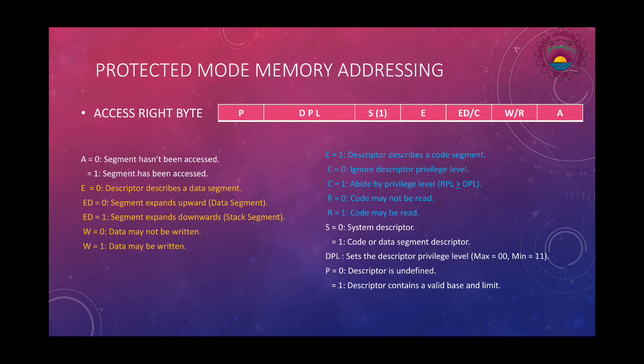The next bit, ED slash C, will be treated as ED, and the W slash R bit will be treated as the W bit. A data segment may be of two types, data segment or stack segment. If you are going to access a data segment, the ED bit will be 0. In case of a stack segment, the ED bit will be logic 1.